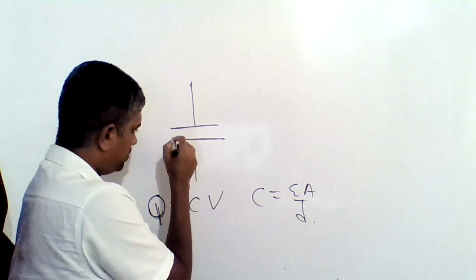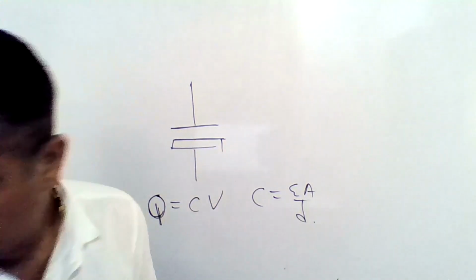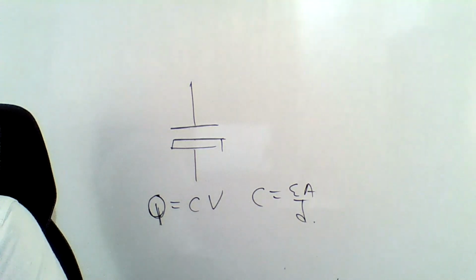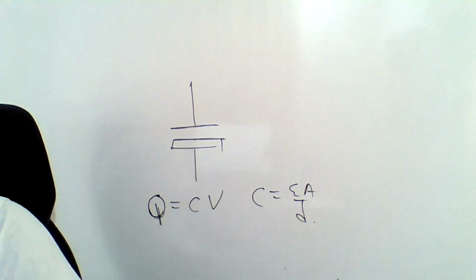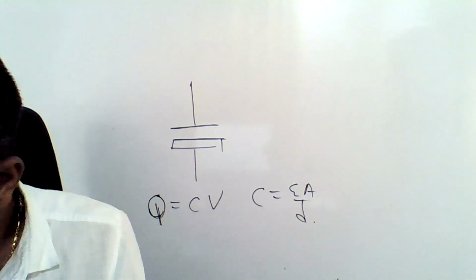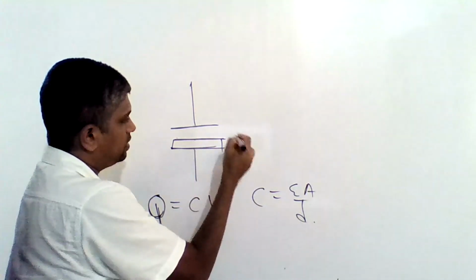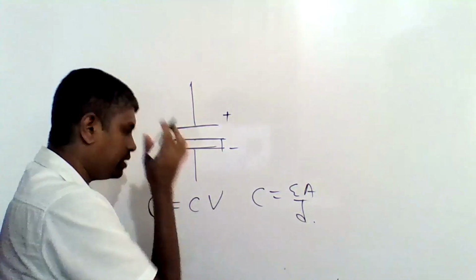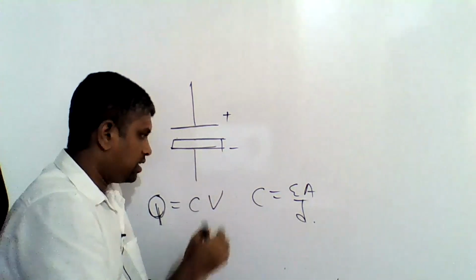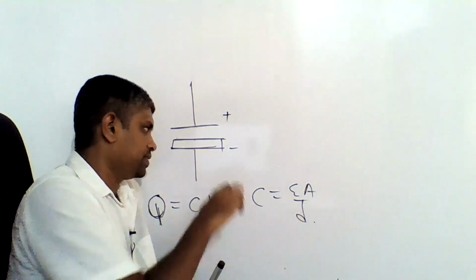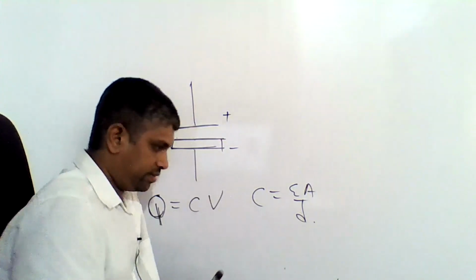Usually when we draw the circuit symbol, the bigger one is the negative terminal, and this is the positive terminal, because this terminal is designed to capture more electrons.